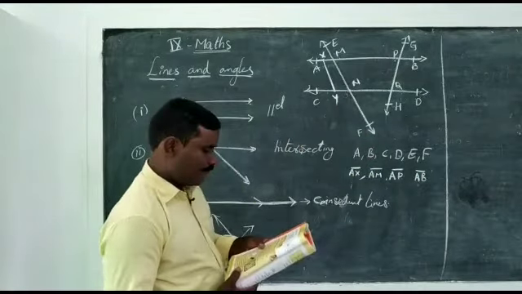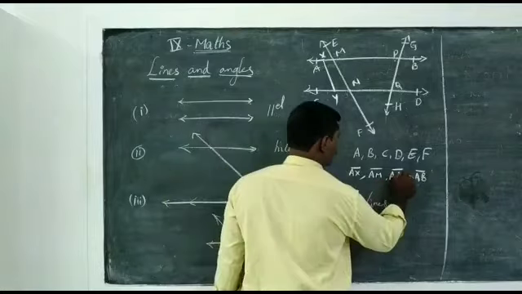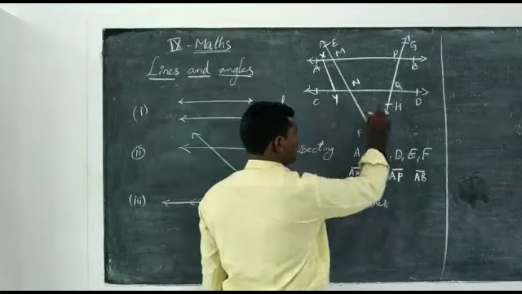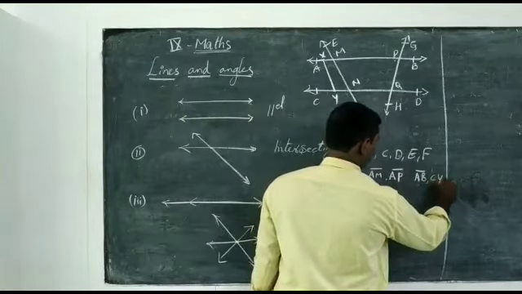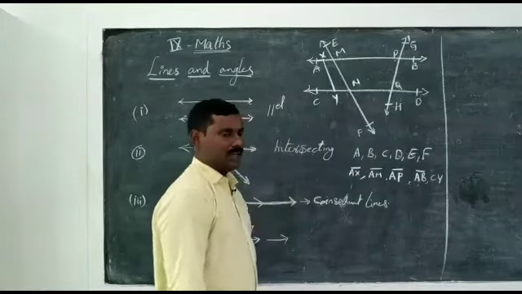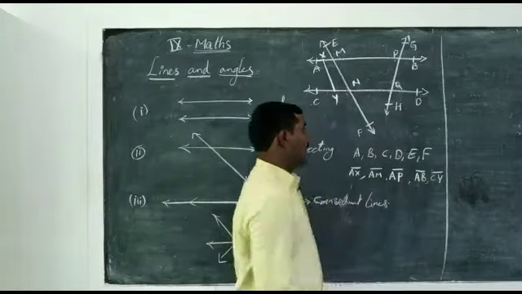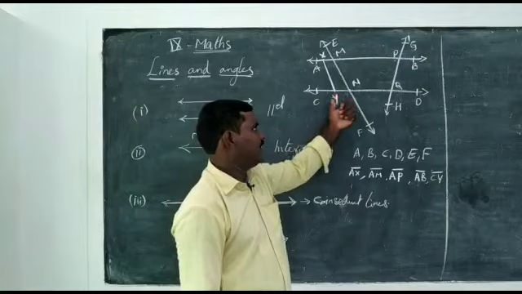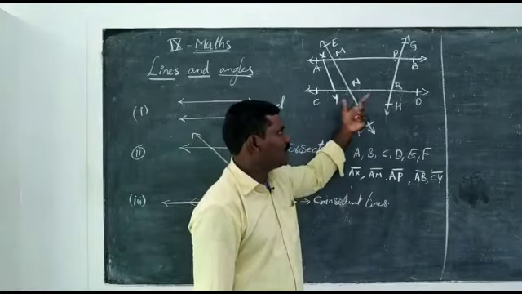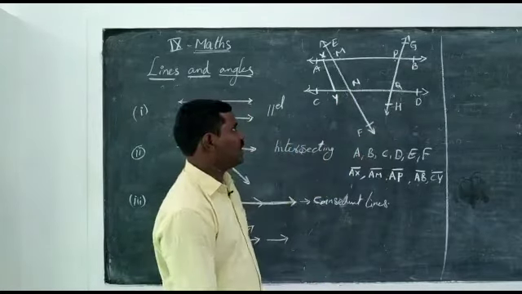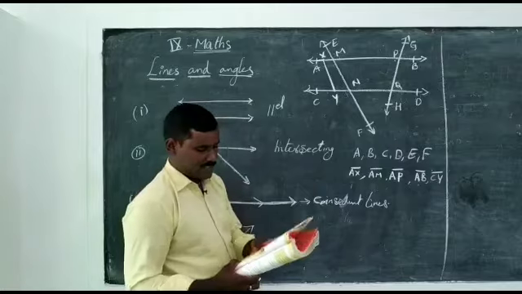Totally 5 we want. I wrote only 4. We can write one more, CY. These are the 5 line segments. You can write some more, CN, YN, YQ, YD, like this. So many are there. You can observe and write the line segments.